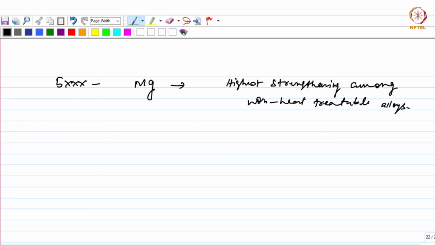I should also mention here that these non-heat-treatable alloys, which cannot be strengthened by precipitates, can be subjected to strain hardening when it comes to improving the strength.